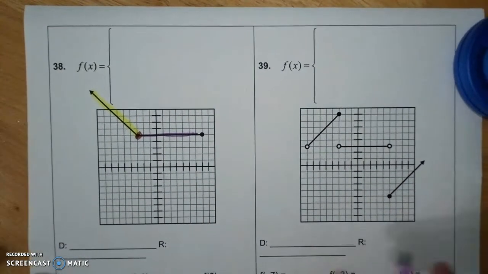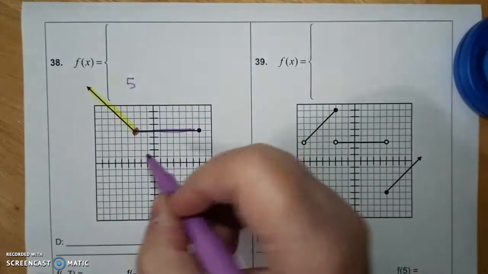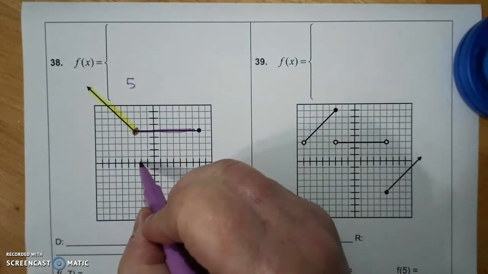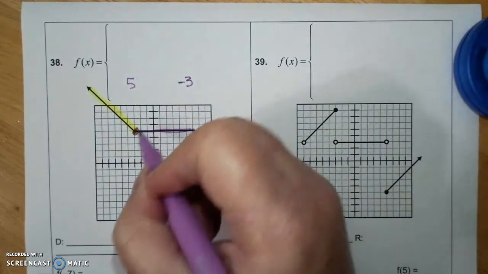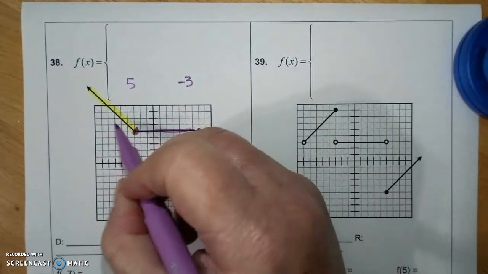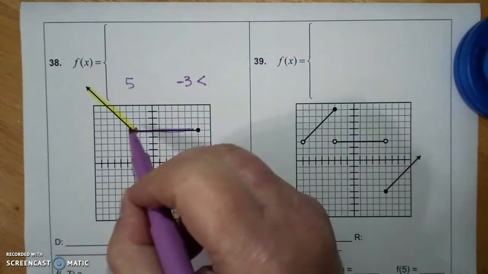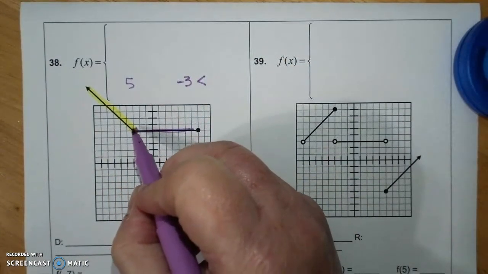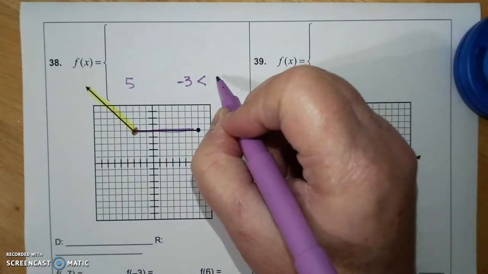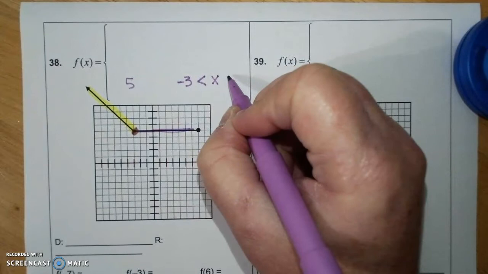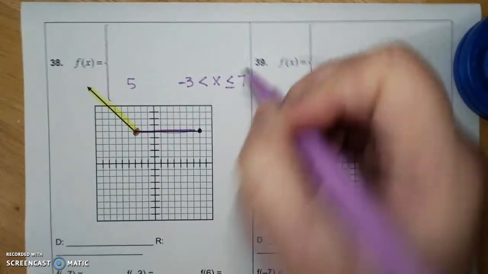So the purple piece is at 5, and it went from -3, and it's the pivot point, so it doesn't have an underline because this is the underline. The yellow, and the end of the yellow is the underline, is x is less than or equal, closed dot, to 7.